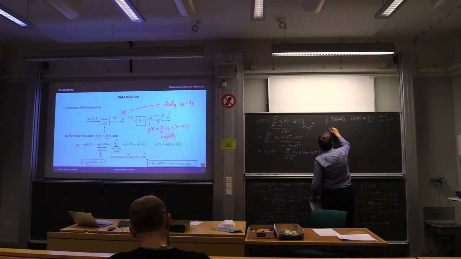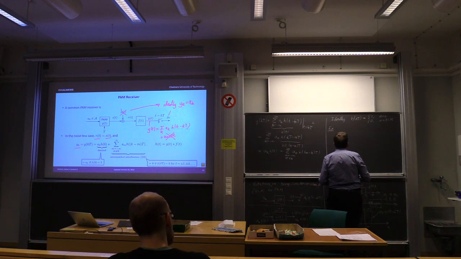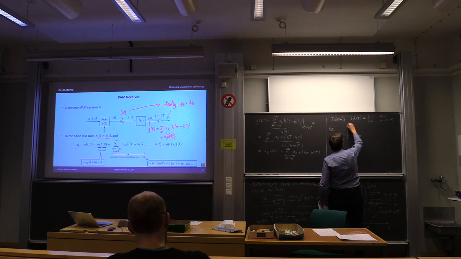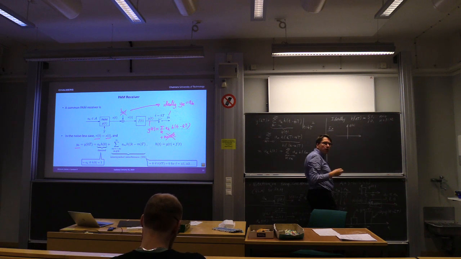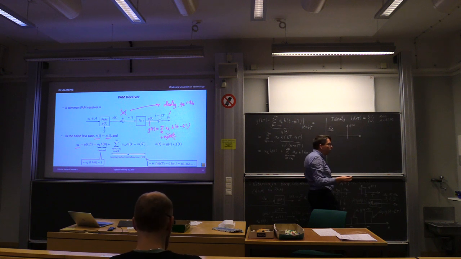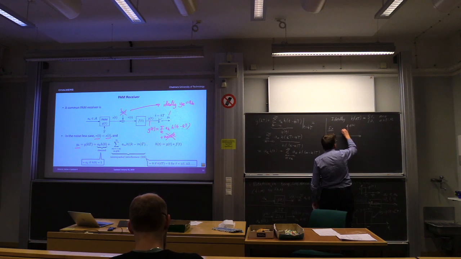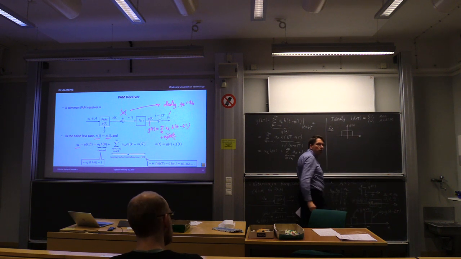So, for example, if we choose to use a pulse g, and for simplicity I just make it centered around the origin. It's not important, but I'll do that anyway for simplicity only. So something that looks like this.